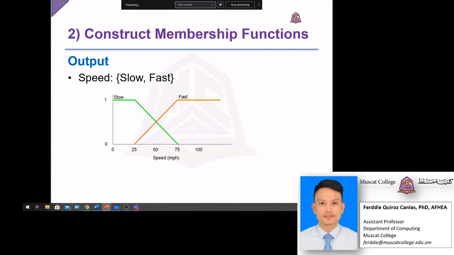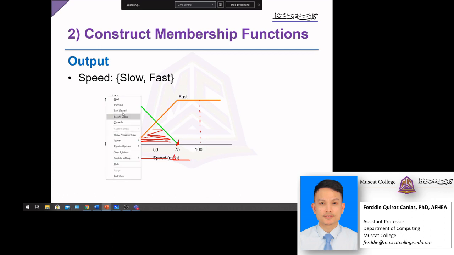So for the speed, we draw the diagram. Slow starts from 0 up to 75. For fast, the value starts from 25 up to a hundred maybe. So there is an overlap between slow and fast, which is from the values 25 to 75.